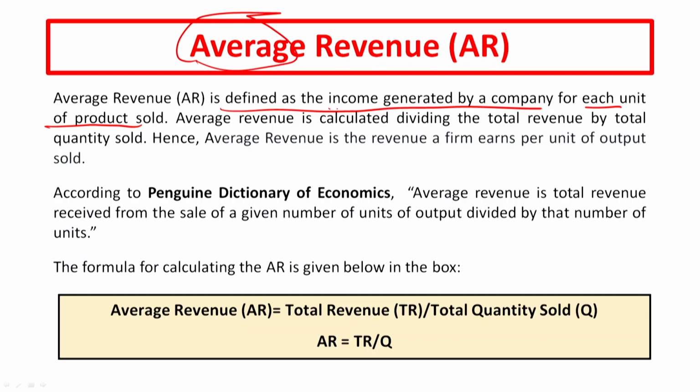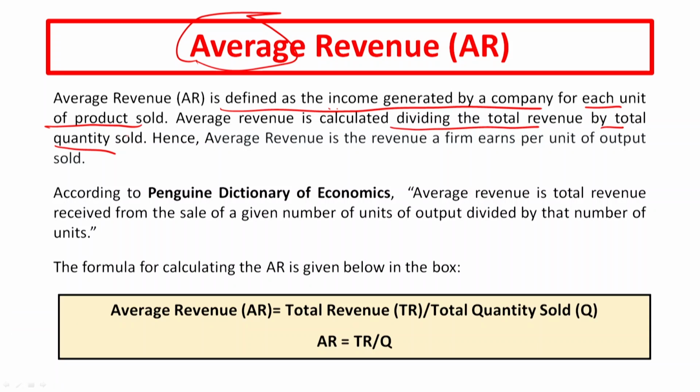The total we have attained, now we are talking of the average revenue. It is defined as income generated by any specific firm or company for each unit of product sold. Average revenue is calculated by dividing the total revenue, which we have talked about in the last slide, by total quantity sold.